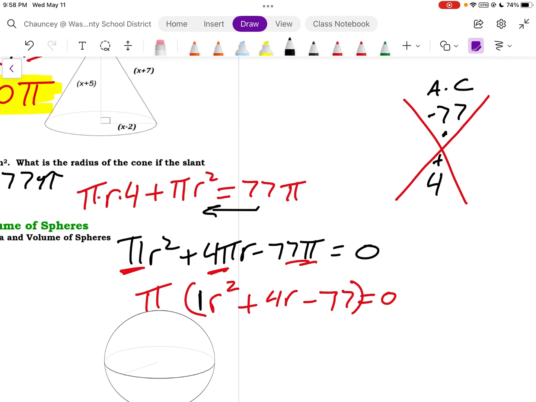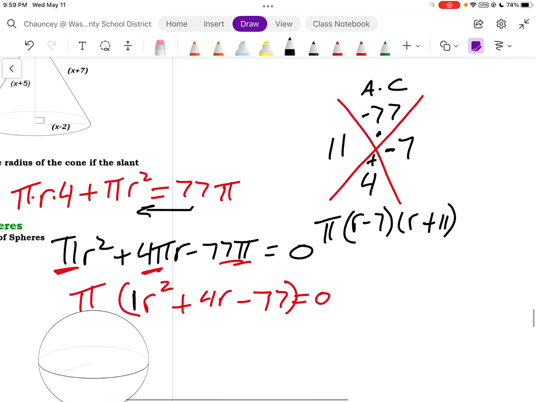Your immediate thought should be 11 and 7. But what has to be positive? What has to be negative? Well, 11 times 7 gives you 77. But 11 times negative 7 gives you negative 77 when multiplied, and added gives you 4. Now we could rewrite this as pi, and we'll use r as a variable, so r minus 7 times r plus 11 equals 0.